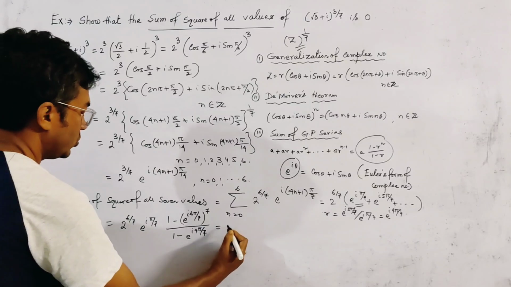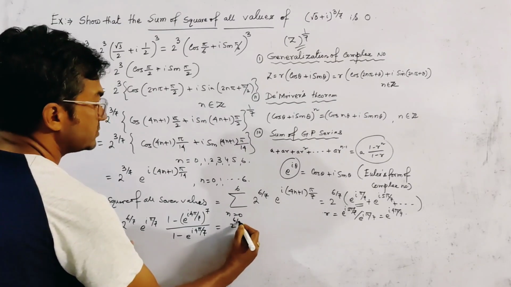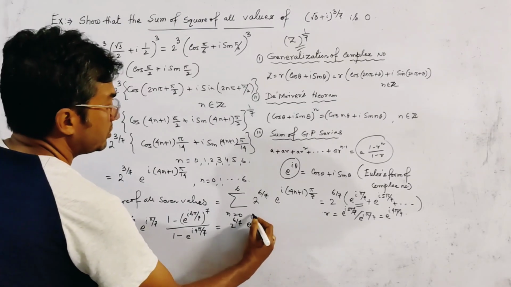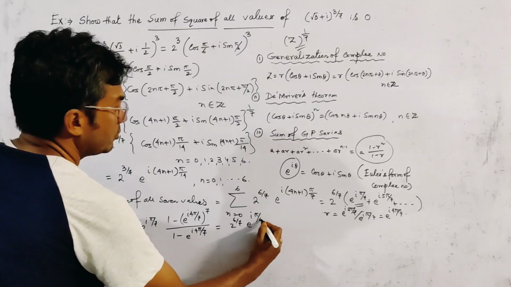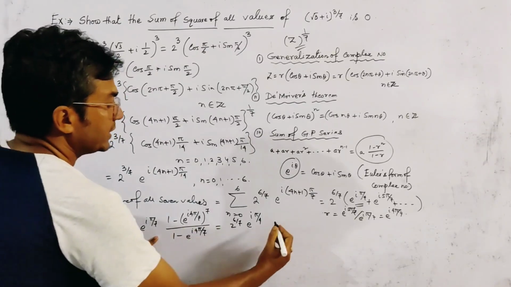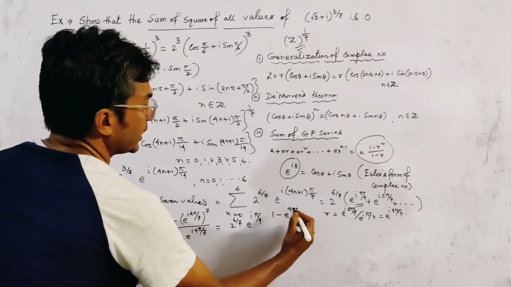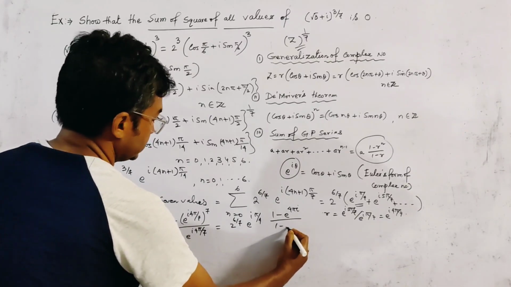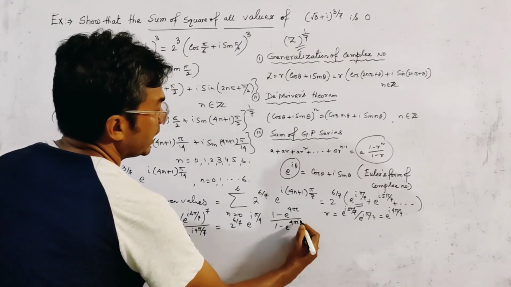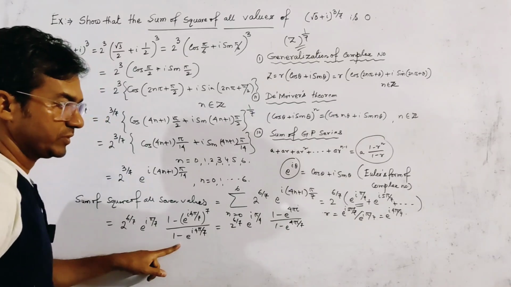So we get 2 to the power 6 by 7 into e to the power i pi by 7 into (1 minus e to the power 4 pi i) by (1 minus e to the power 4 pi i by 7).